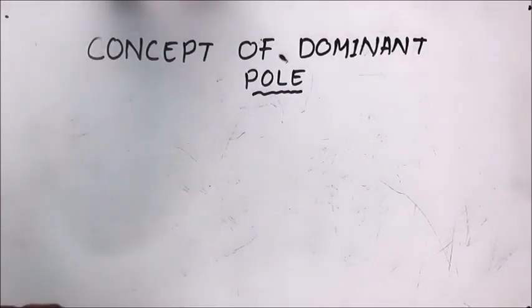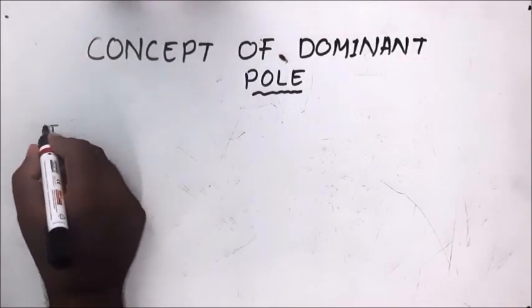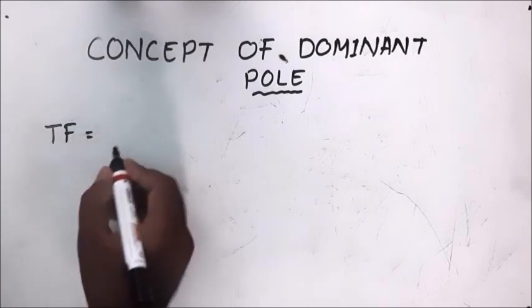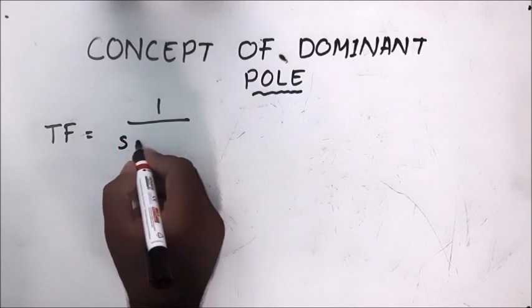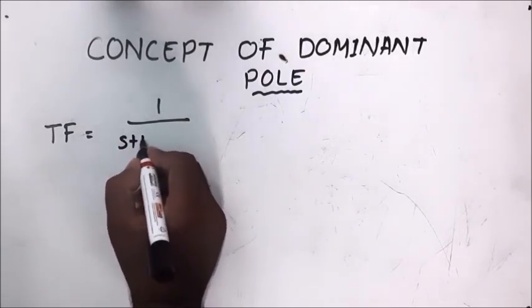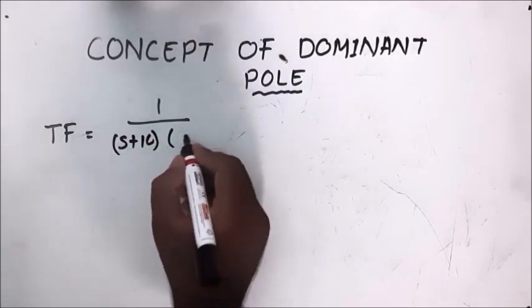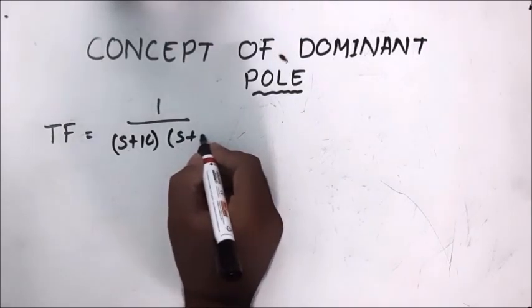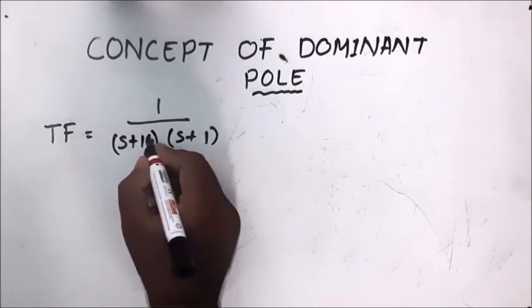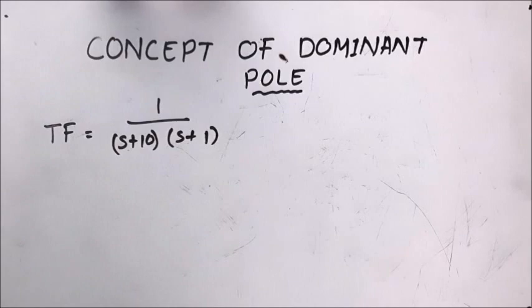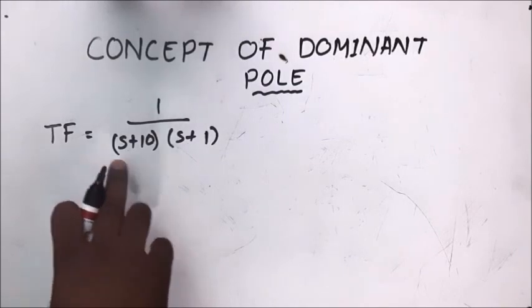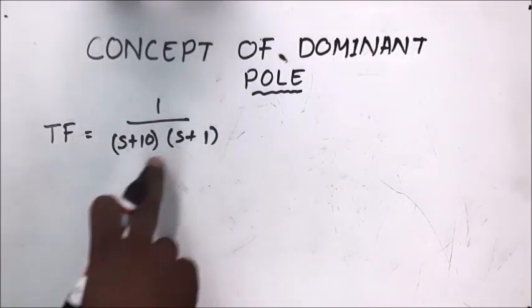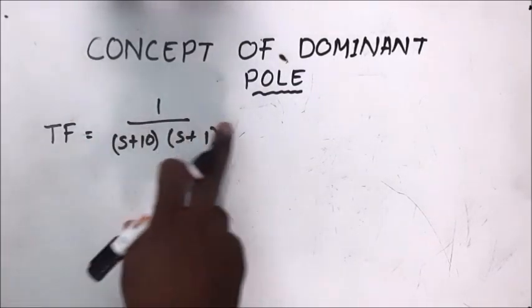Okay, let us consider a transfer function. Let's consider 1 divided by (s plus 10) into (s plus 1). We know that the auxiliary equation is the denominator of the transfer function equated to 0.